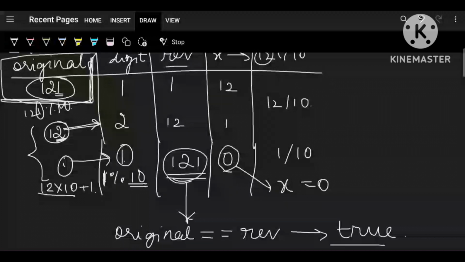These are the values taken in the next iterations by the x value. The original value remains 121, we do not change that. The reverse value will become 121 after 3 iterations, so the returned value will be true.